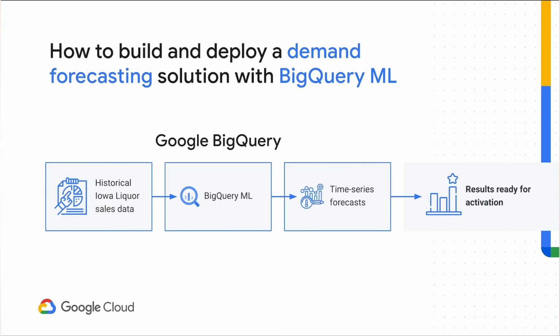Okay, so now hopefully you should know how to build and deploy a demand forecasting solution with BigQuery ML. Just to recap, we covered how to prepare your training data based off of raw transactional data from this Iowa liquor sales data. We covered how to train your BigQuery ML model for time series modeling across lots of products.